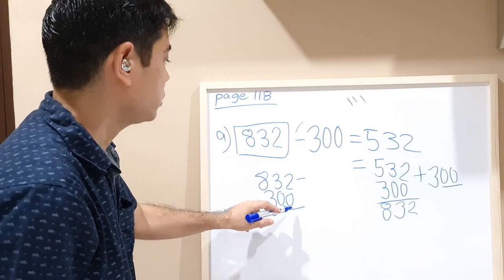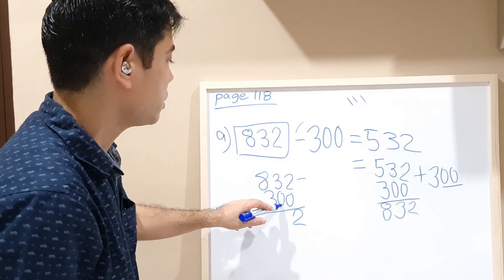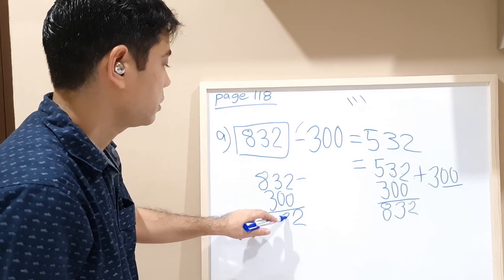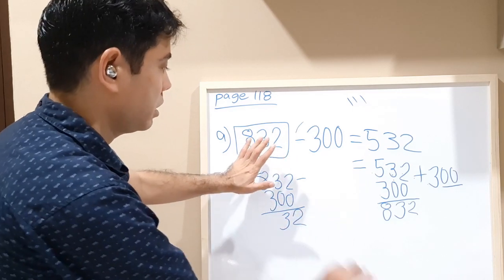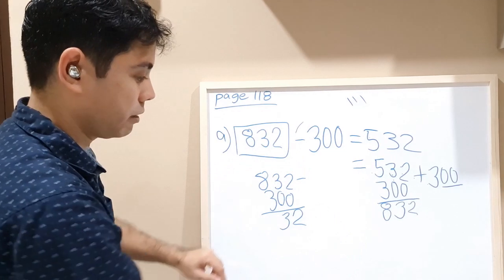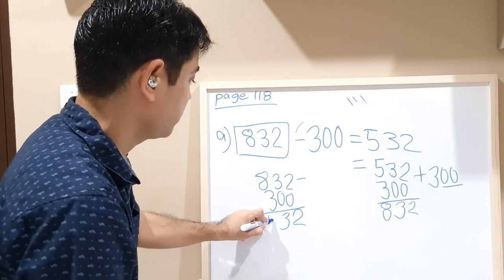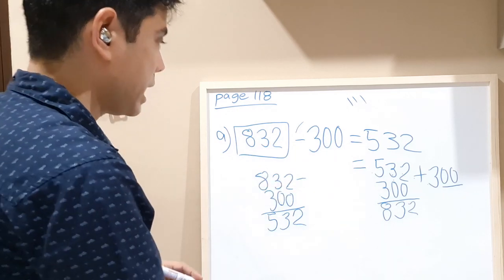it will give you 532. 2 minus 0, 2. 3 minus 0, bring down. And 8 minus 3, 1, 2, 3, 5. See, 532. It's the same.